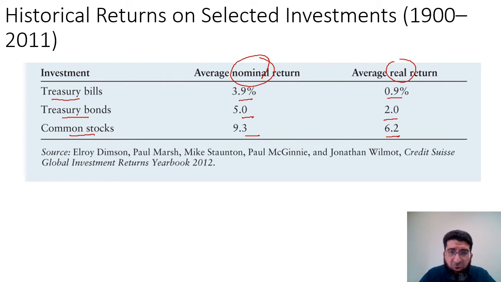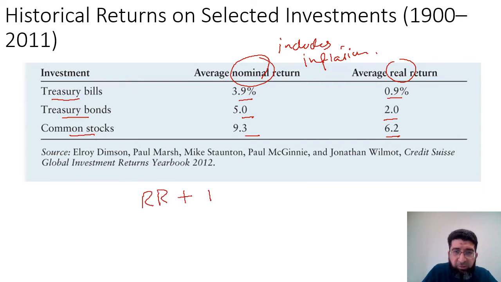It's interesting that nominal includes inflation, while real return doesn't. This gives us a similar formula: the real return plus inflation equals the nominal return.